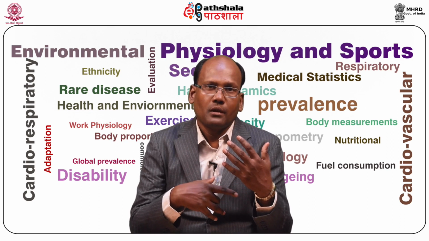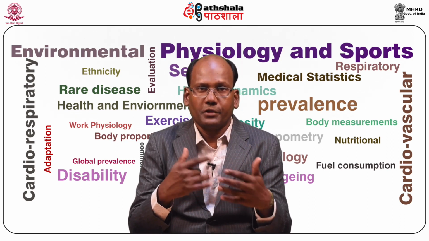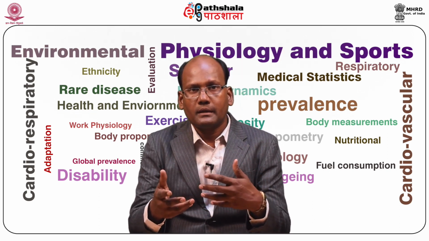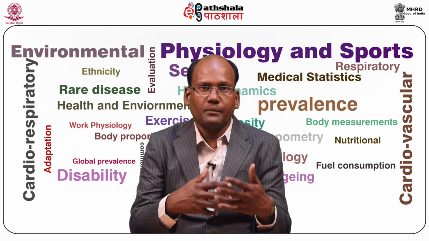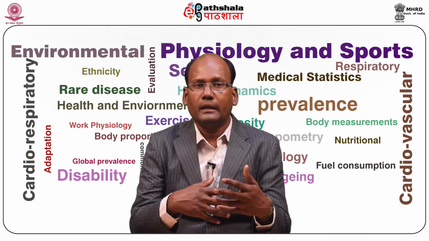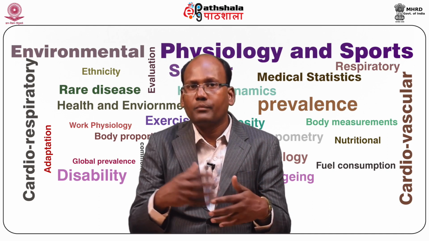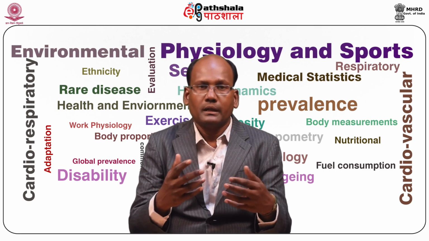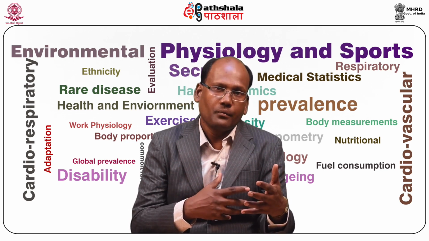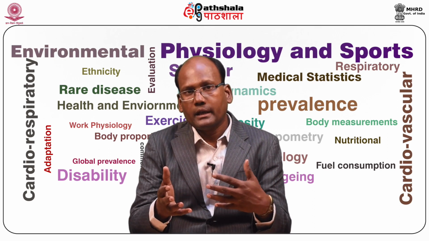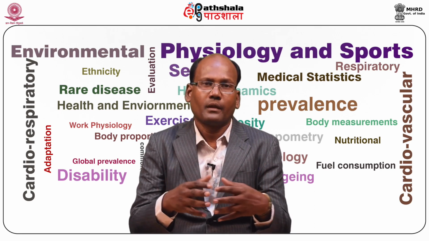The components of the definition, such as distribution, determinants, and health status in specific populations, reflect a deep meaning. The term distribution denotes the frequency and pattern of health-related events in a specific population.